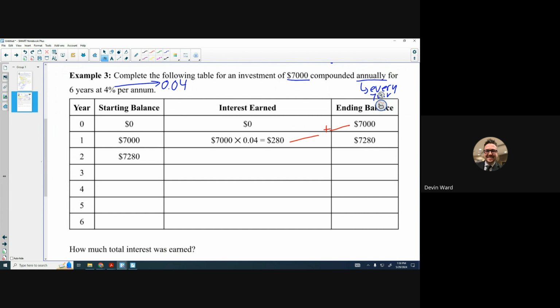Okay. So that's what happened at the end of year one. So I start year two with $7,280.